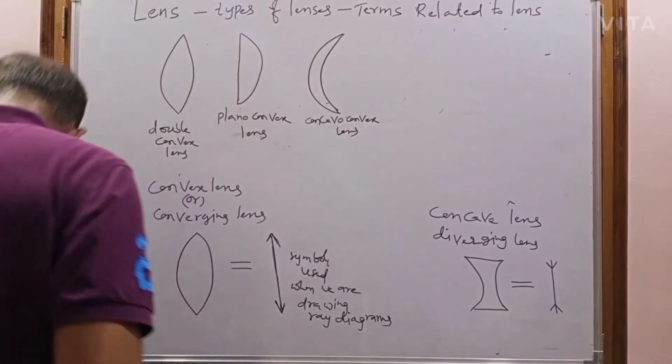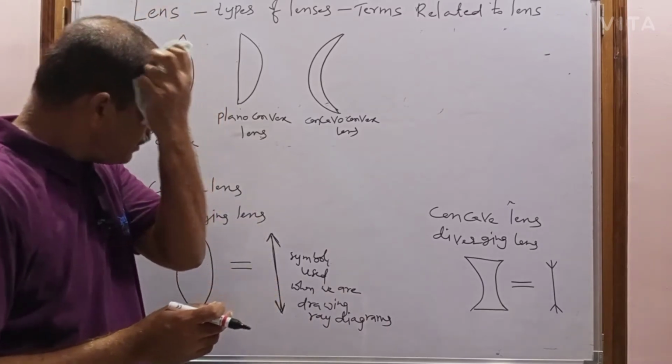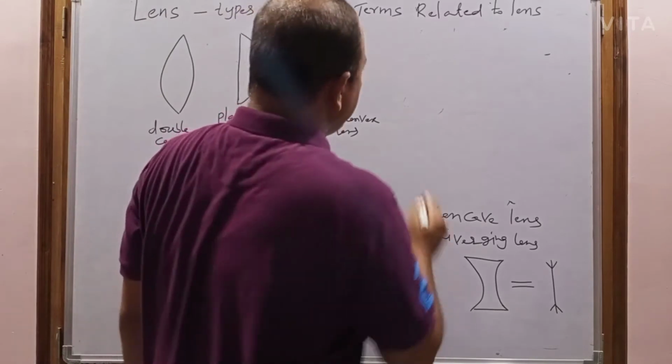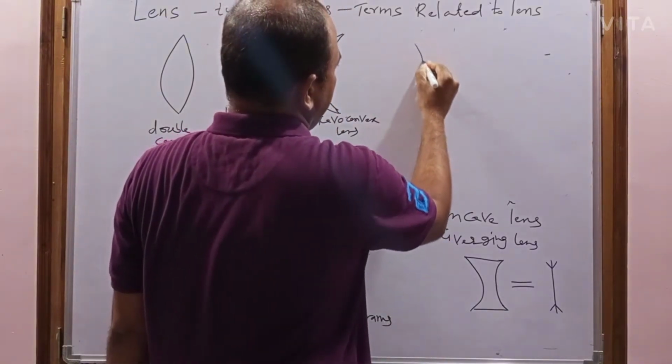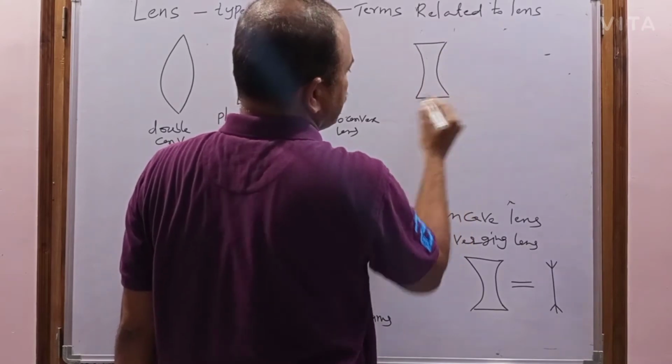The concave lens is also of 3 types. One is the double concave lens.